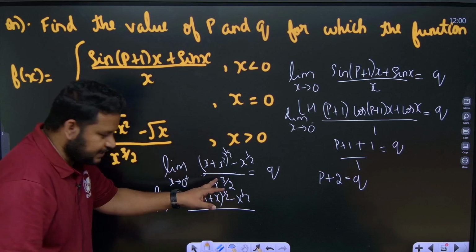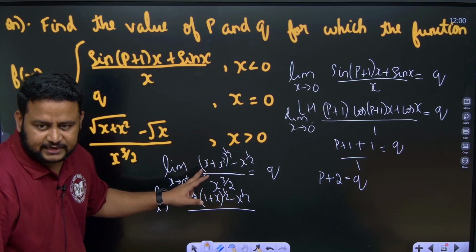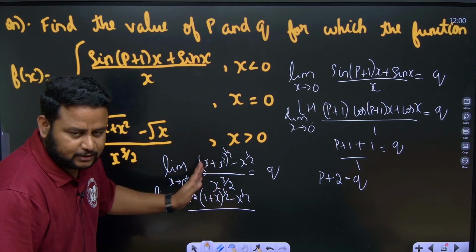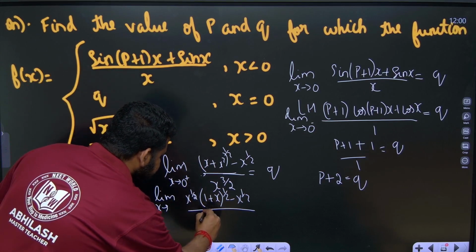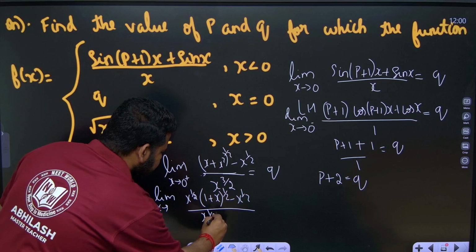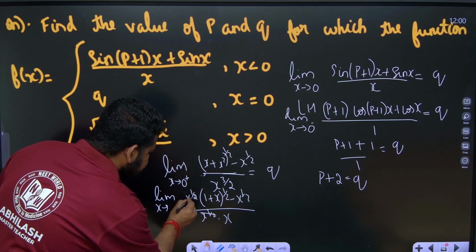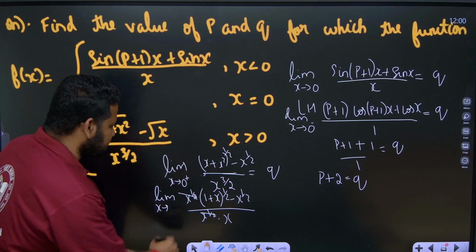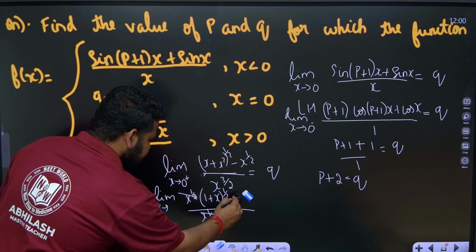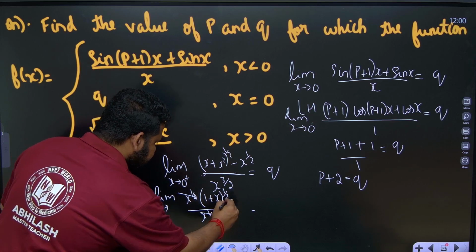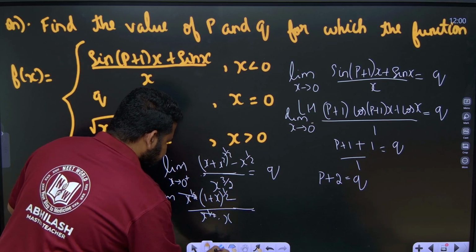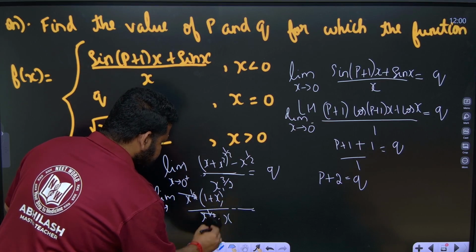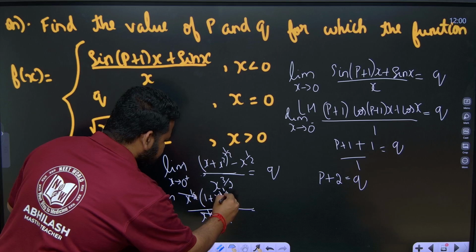I have taken x outside, not x square, so 1 plus x will remain inside. This is a very important step: x to the power of 3 by 2, I can write as x into x to the power of 1 by 2. This and this I can cancel. This entire thing I will take as common.